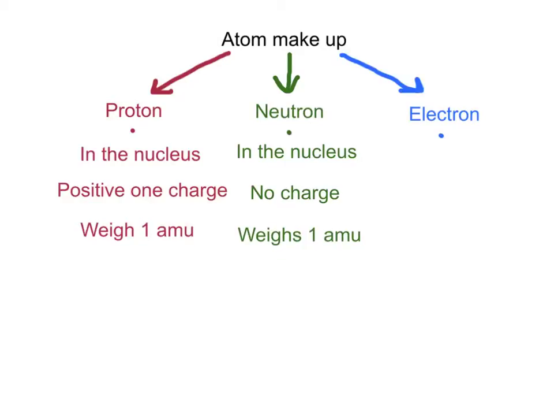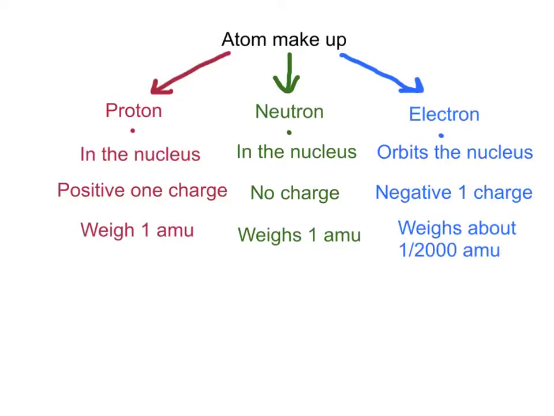Finally, we'll talk about the electron. An electron orbits the nucleus. It has a -1 charge, and it weighs about 1/2000th of an AMU, or the lightest unit. So here we have the proton, neutron, and electron. You need to be able to tell about them. Now we also use these in making up nuclear symbols.